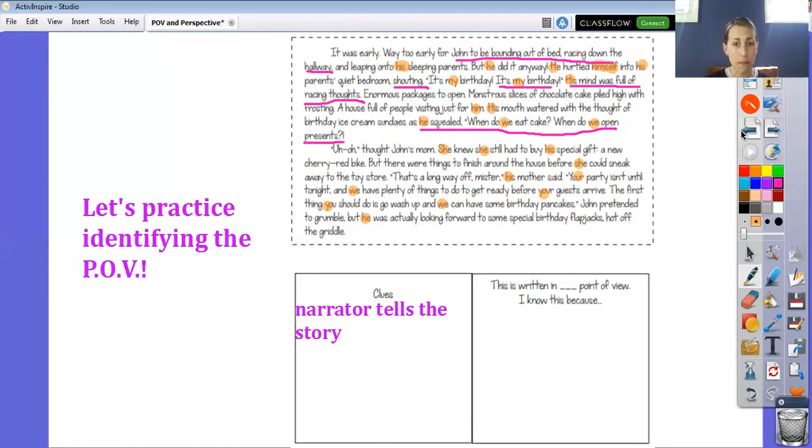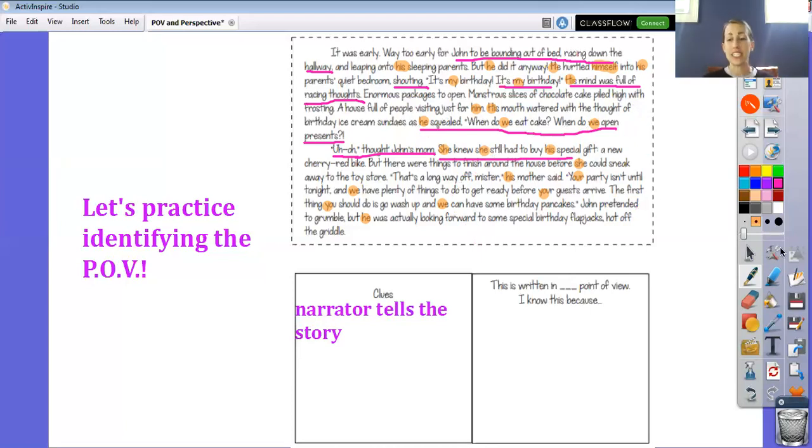But if you look in the second paragraph, we know not only John's, but we also know Mom's. She says, uh-oh, thought John's mom. Also, she knew she still had to buy his gift. So we know that she's nervous because she didn't get John his brand new bike yet.